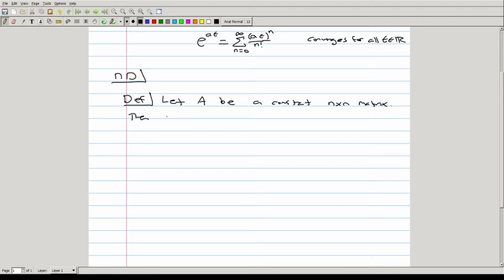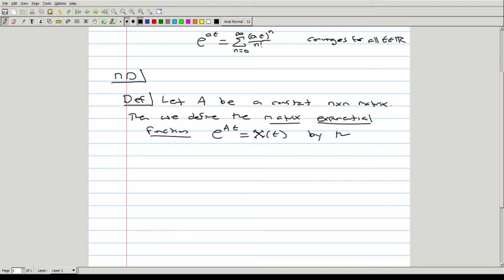Then we define the matrix exponential function, denoted by e to the At, which will itself be a matrix of t, call it capital X of t, by the solution of the following initial value problem.